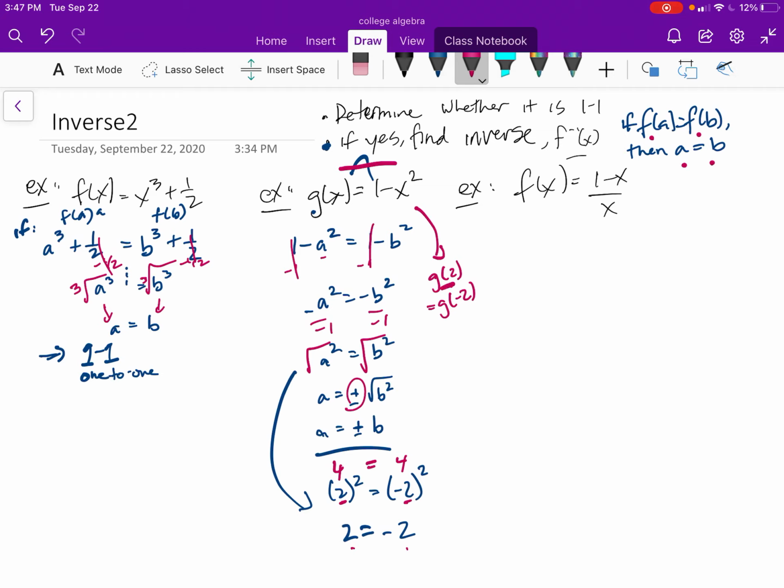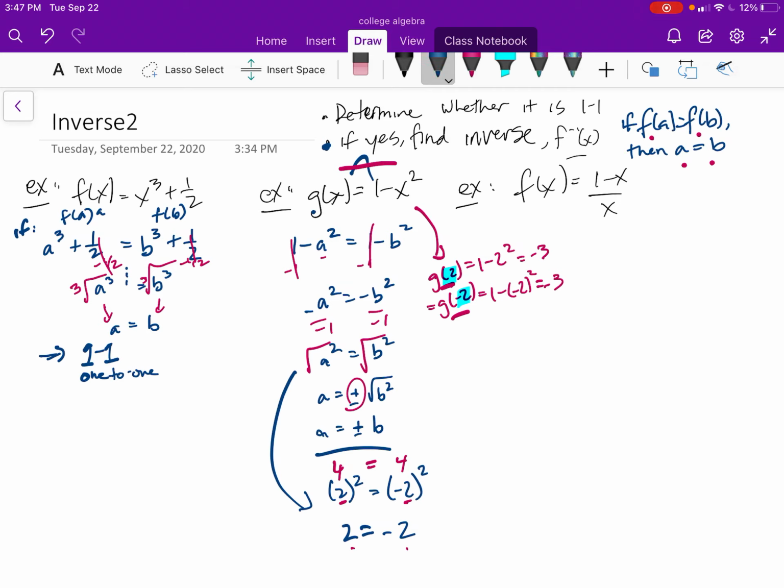But the y's are the same, I do not get the same x's, right? 1 minus 2 squared is not going to be the same as 1 minus negative 2. I'm sorry, it is going to be the same, but the x's are not the same. So just because they result in the same thing, we would get negative 3 for both. Right? The y's are the same, the x's are not. All right.